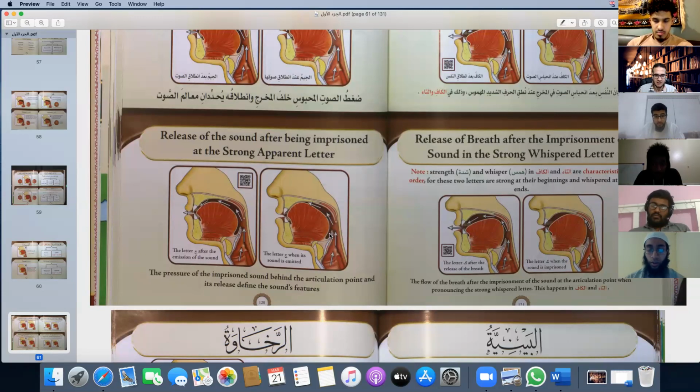At this part here, the sound is still imprisoned. Until this point, I didn't release the sound of jim: ad. And with this part here, I release my tongue, so the sound will flow after that. I do that with qalqala.